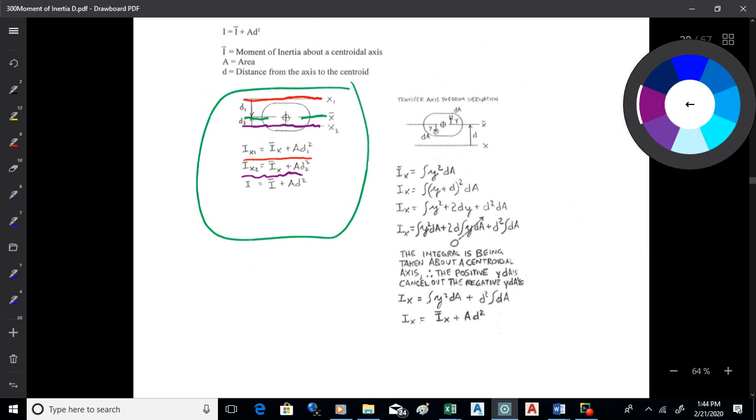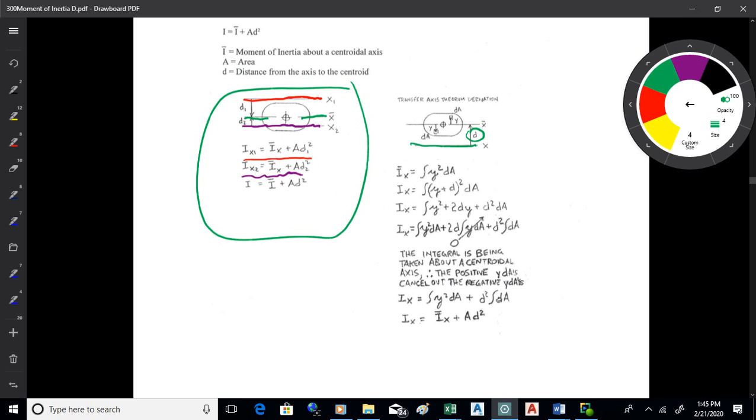So if I have I bar x is the integral of y squared dA, and if I offset to a new axis down below this shape here, and that offset distance is d, what the formula becomes then is the integral of (y plus d) quantity squared dA. And if I use the FOIL process and expand that y plus d and square it, I get y squared plus 2 times d times y.